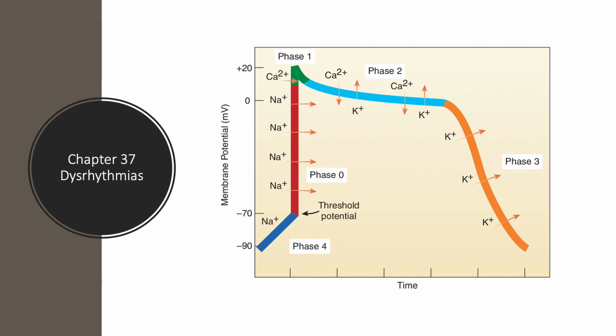Potassium is starting to leave the cell. And then the cell repolarizes again back to its resting potential. Okay, and you'll see on the next slide that different antiarrhythmics address different parts of the action potential to try and stop the arrhythmia from happening.